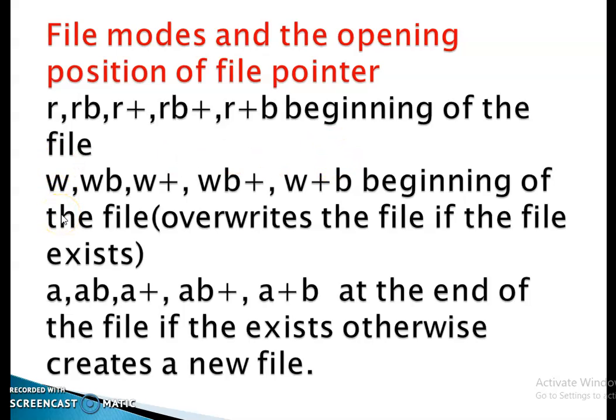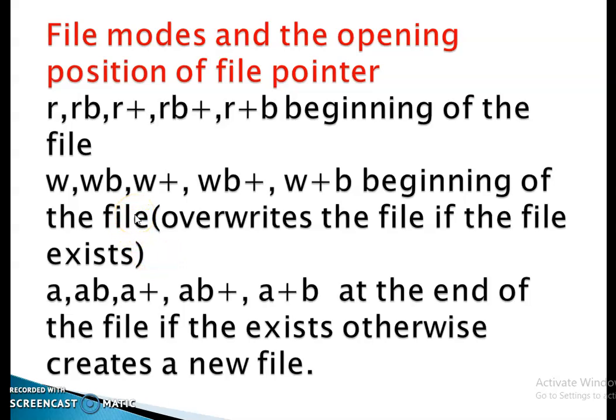When you use w, wb, w+, wb+ and w+b, then the file pointer will point to the beginning of the file. It will overwrite the file if the file exists. Okay, it is a writing mode.